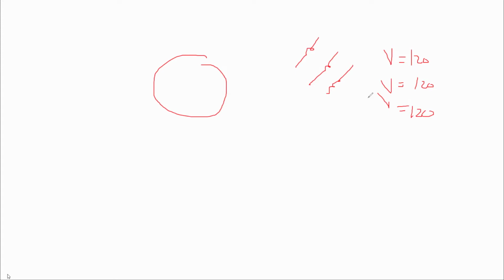Now this might sound quite difficult, but let's try to make it a little bit easier. For these three voltages, you're going to put a coil here, a coil here, and a coil here. So what will happen? If the voltage here has an angle 0, this voltage will be different in angle because they're not at the same position.